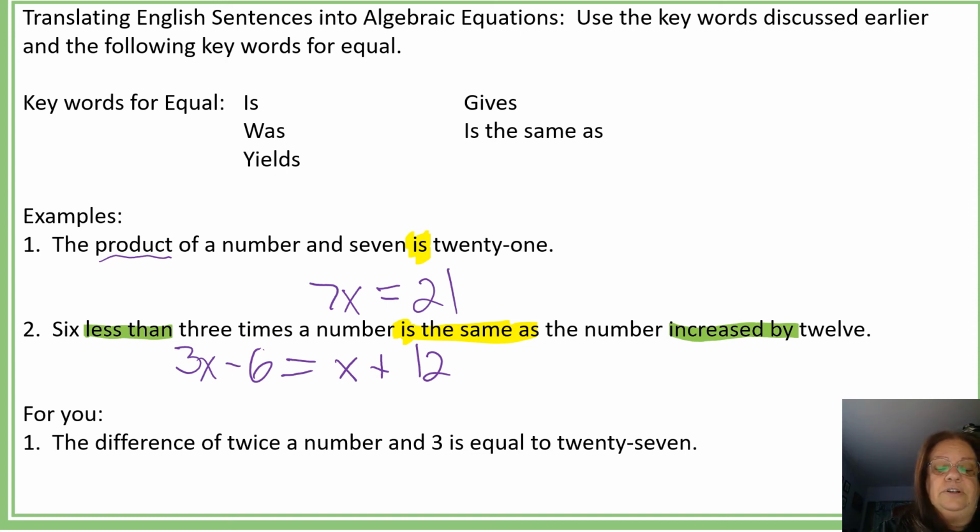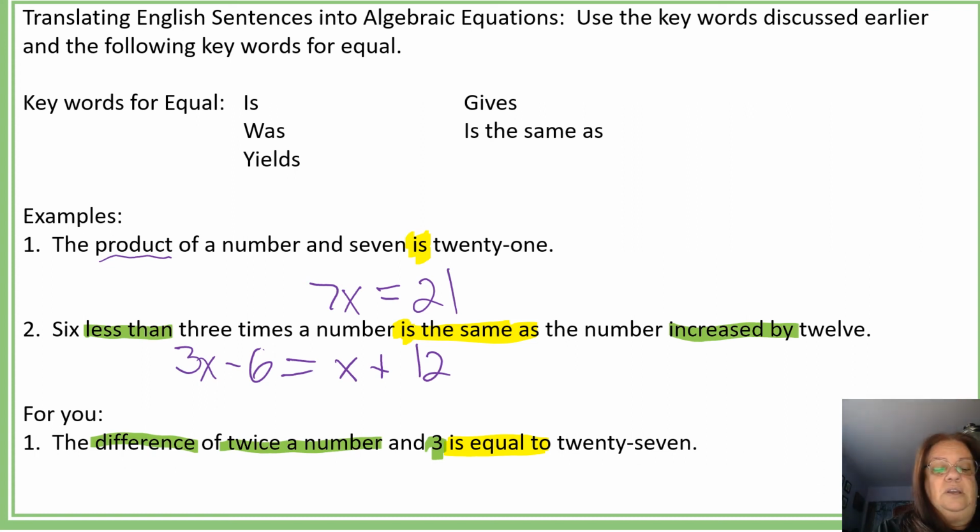Okay, first we're going to identify is equal to, so that's our equal sign. The first half, the difference of twice a number. All right, so that's 2x, and then we're going to subtract 3.